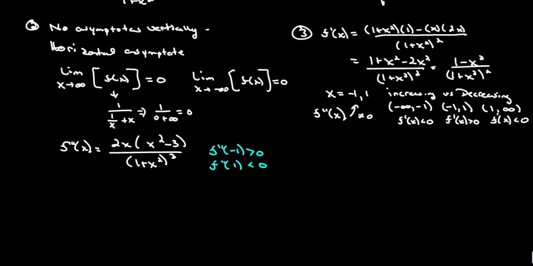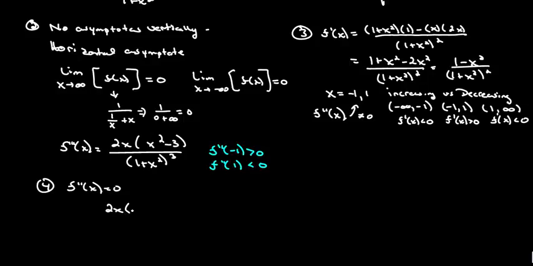Now we also should check to see if there's an inflection point. Well, when is f double prime of x equal to 0? So this is like part 4 here. This guy right here, f double prime, when is it 0?